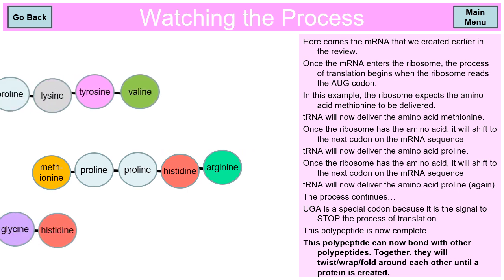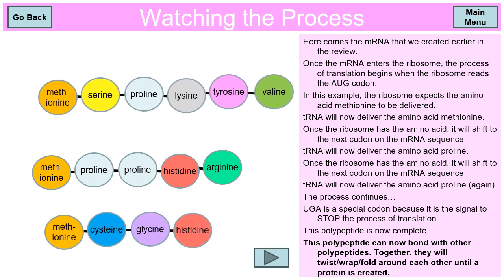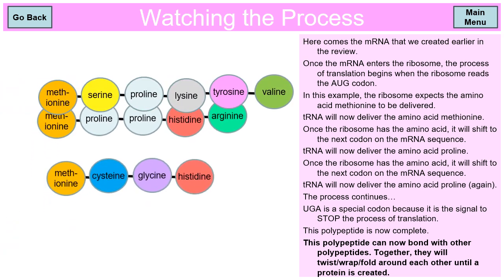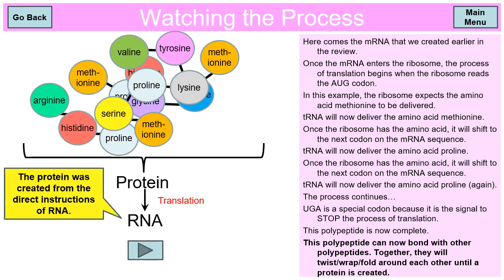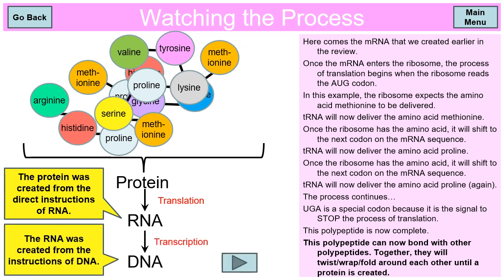Polypeptides can bond with other polypeptides to eventually make a protein. They twist and they fold and they wrap together to make a protein. Let's bring this back to the central dogma. Proteins were created through translation, and the RNA was created through transcription.